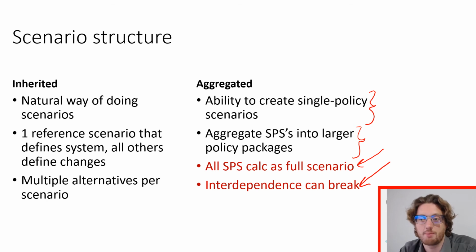If they mix that into an aggregated policy, that could break, and the model will tell me that, and I won't successfully be able to make an aggregate scenario. So that's some of the problems you can have. Generally speaking, that's also why I defined industry and transport as one, to try to avoid some of these problems.